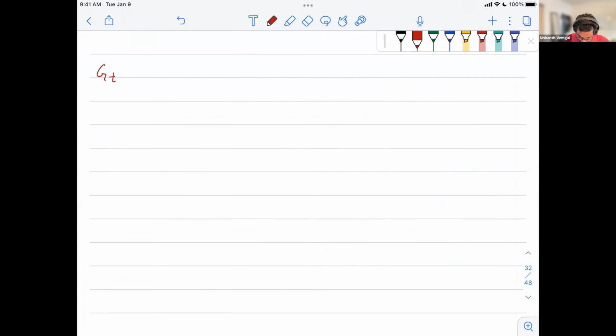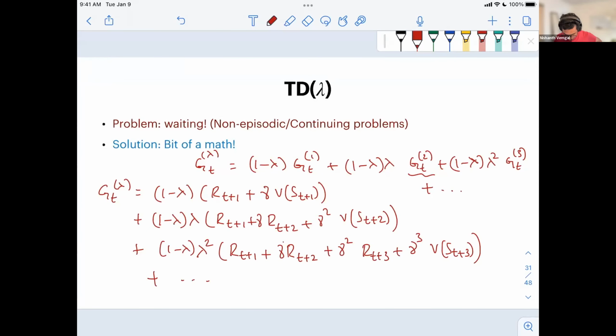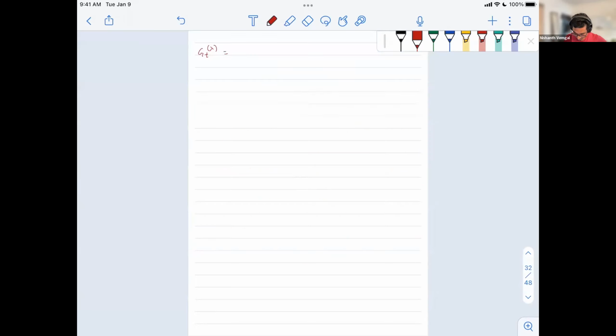So we have 1 minus lambda times R(t+1) coming from here.